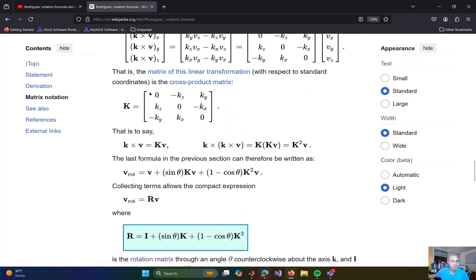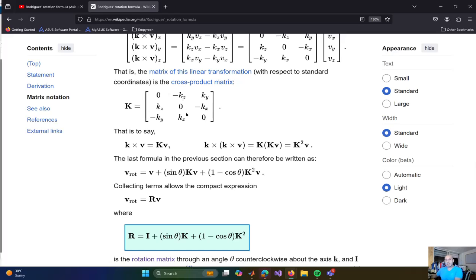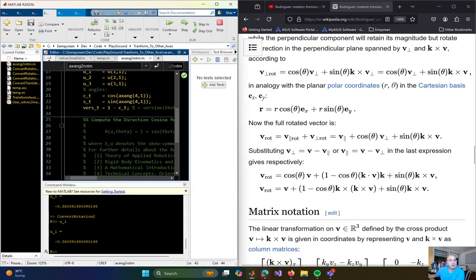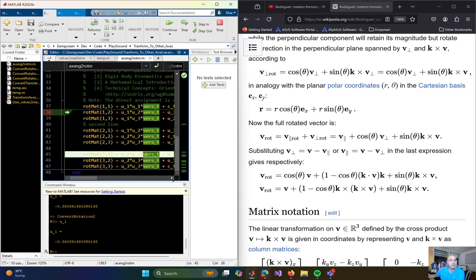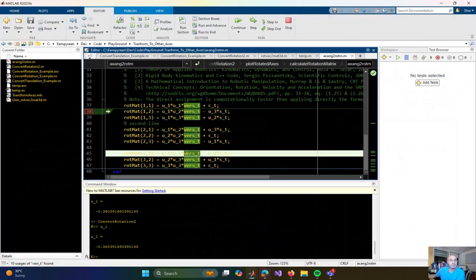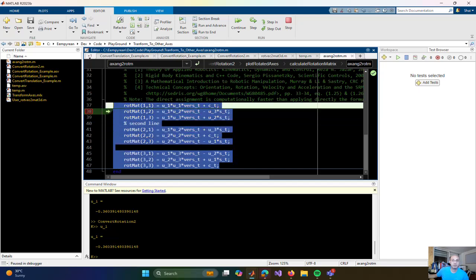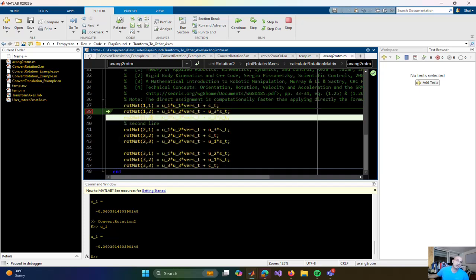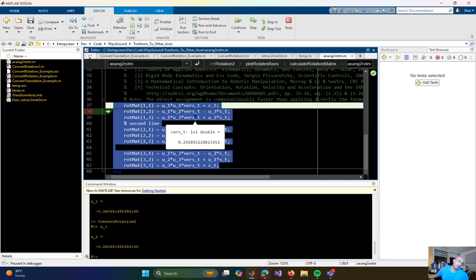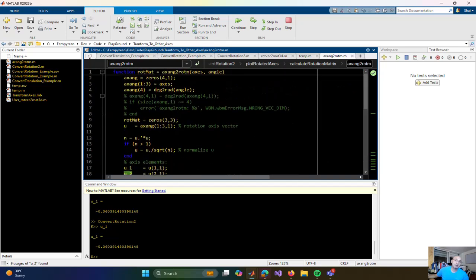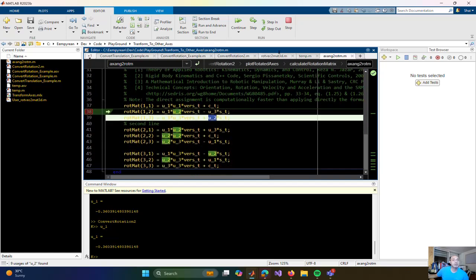So minus kz, and we can find the corresponding values in MATLAB for each one. It will be in agreement with what we see here. So one can find the reference to the Rodrigues formula in order to understand this basic code. But this code has only basic operations, and all we see here is just scalars.